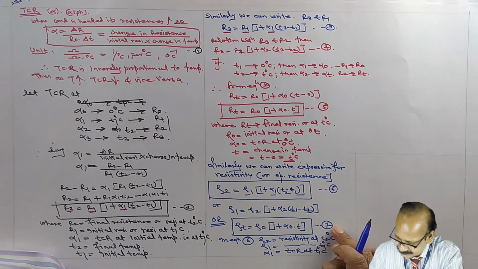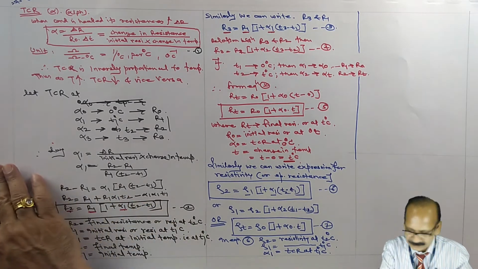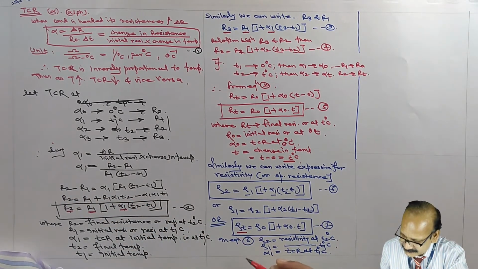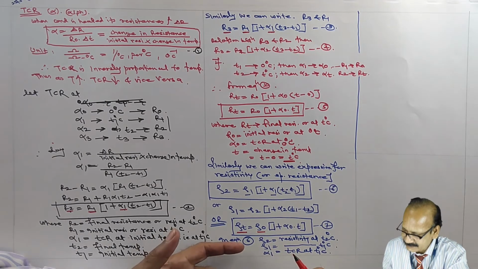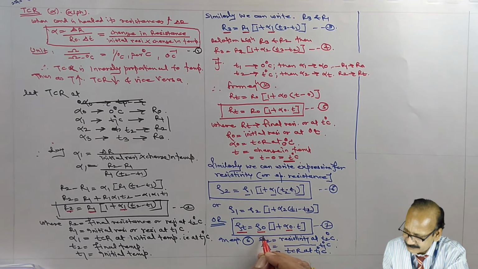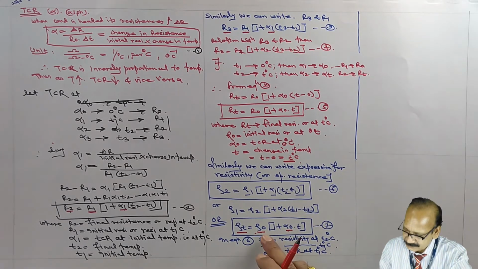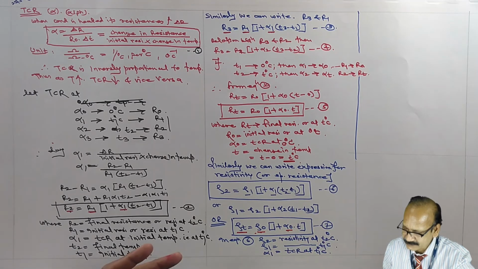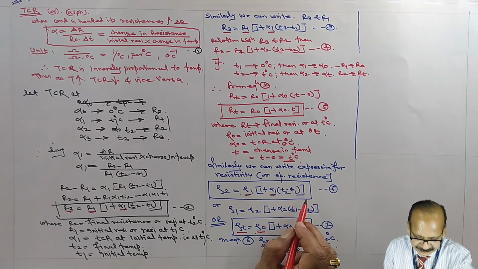And in equation 7 also, rho T is the specific resistance at T degree Celsius, or final resistivity, rho 0 is the initial resistivity, or resistivity at 0 degree Celsius, alpha 0 is the TCR at 0 degree Celsius, or initial temperature, and T is the change in temperature. So these two should be at the same temperature: rho 0 and alpha 0, both at 0 degree Celsius; rho 1 and alpha 1, both at T1 degree Celsius.